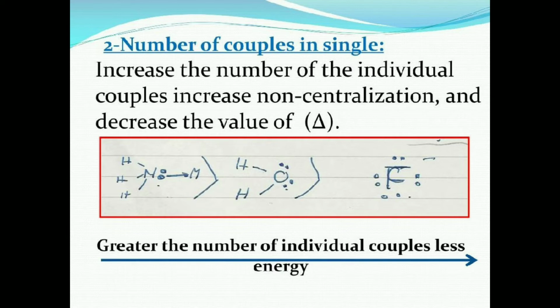Then in the second, the number of lone pairs in H2O is higher, and in fluoro the number of lone pairs is the highest. But the value of delta is higher in the first structure, then lower in the second structure, and lowest in fluoro. So as the number of lone pairs increases, the value of delta 0 decreases. This shows the inverse proportionality between these two. The greater the number of lone pairs, the lesser the energy.